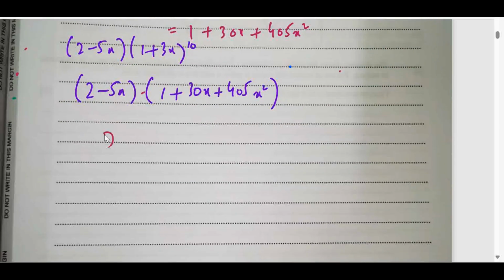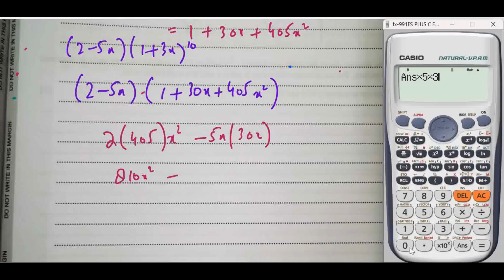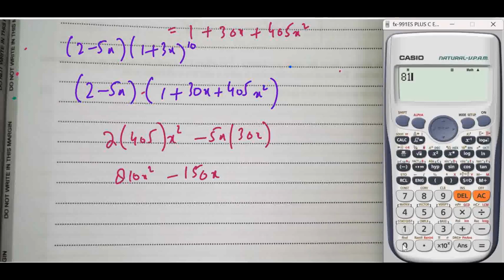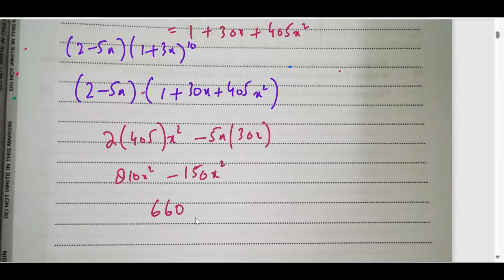If we multiply 2 with 405x square, then x square comes, and if we multiply minus 5x with 30x, then x square comes. So this will be 810x square minus 5 into 30, which equals 150, so minus 150x square. Subtracting, 810 minus 150 equals 660. So the coefficient will be 660. This will be the final answer.